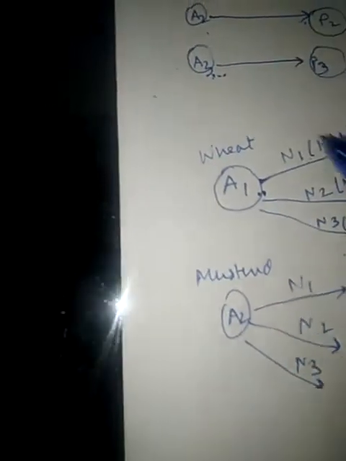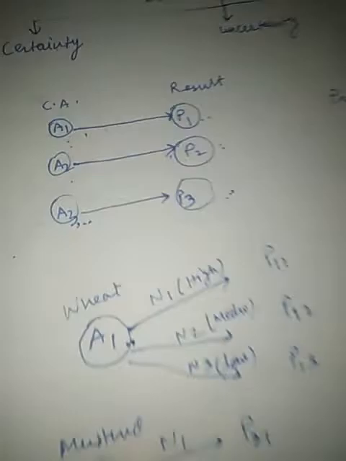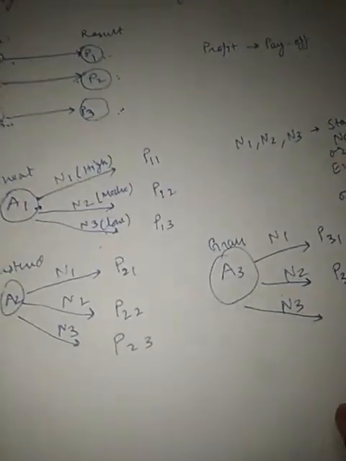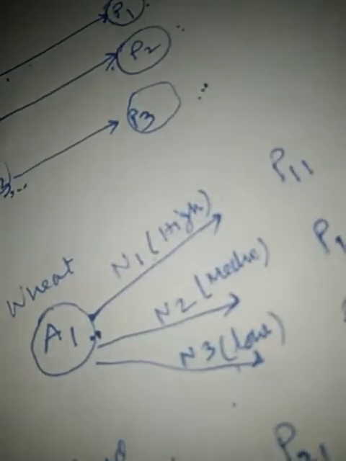Now if we try to put down this information, it can better be presented in the form of a table. Put course of action this side, and states of nature this side, and in this way you can form a table.